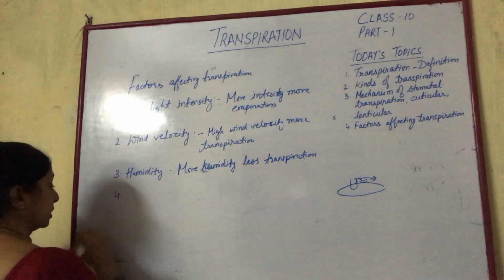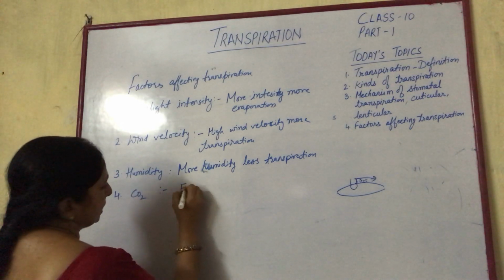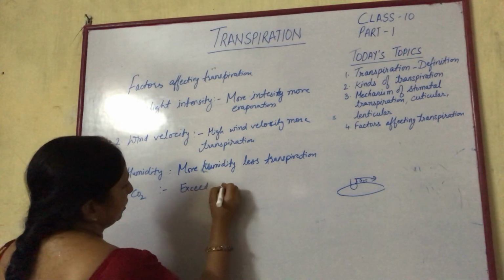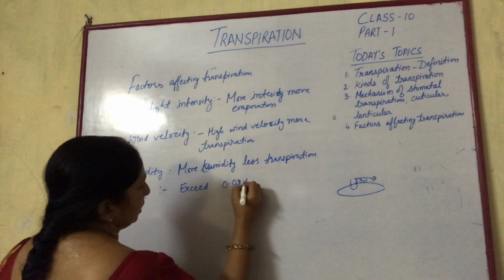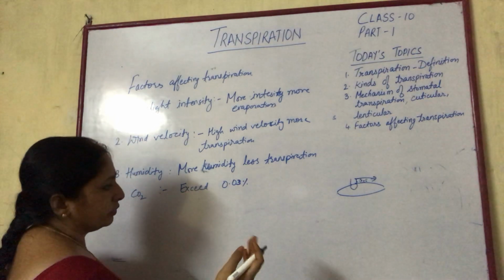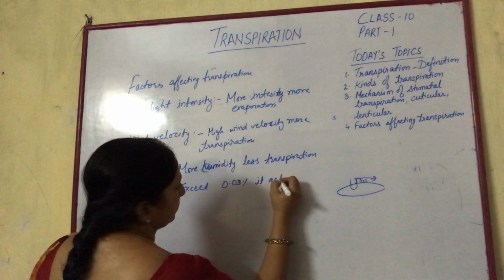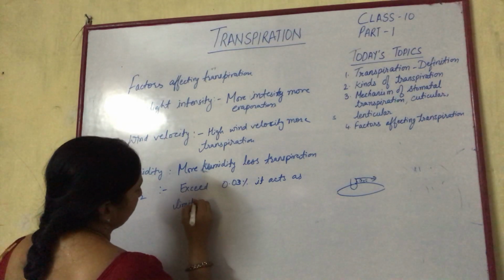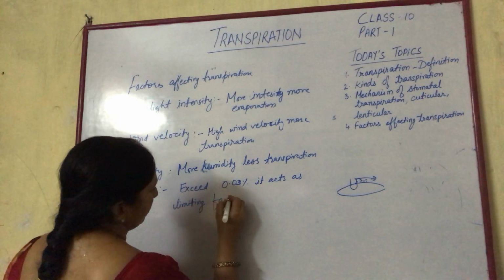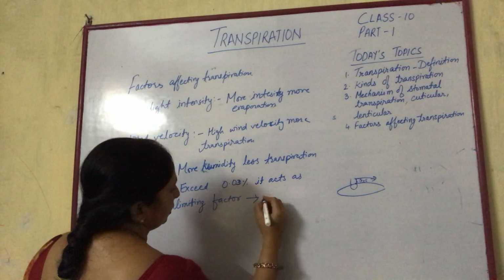Number 4 is CO2 concentration. If the CO2 concentration exceeds 0.03% in the outside atmosphere, then it acts as a limiting factor. So less transpiration.